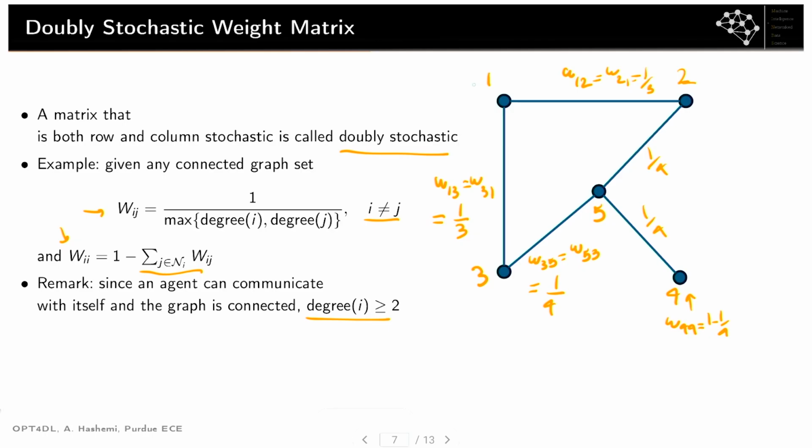Or here, W11 will be 1 minus 1 over 3 minus 1 over 3, so it will be 1 over 3. And similarly, we can calculate the other diagonal entries of this weight matrix.